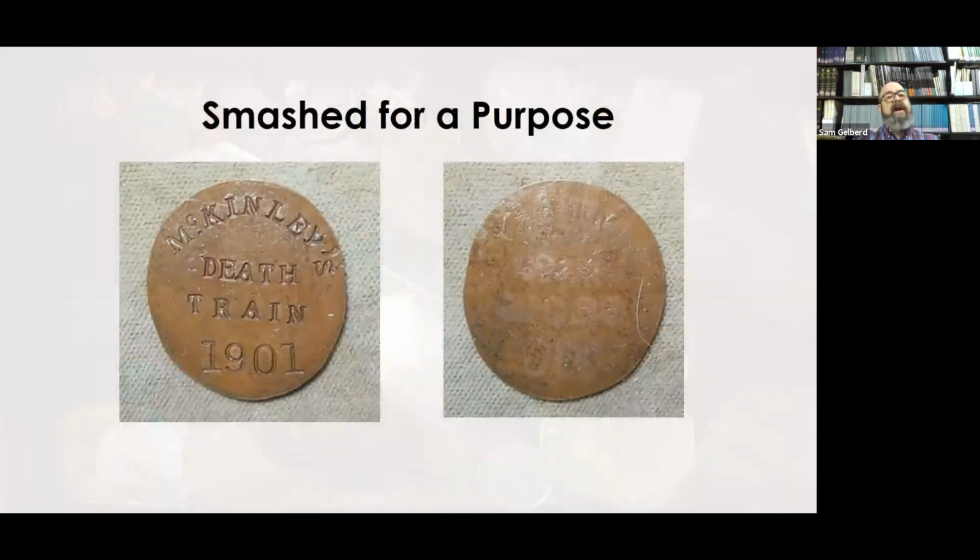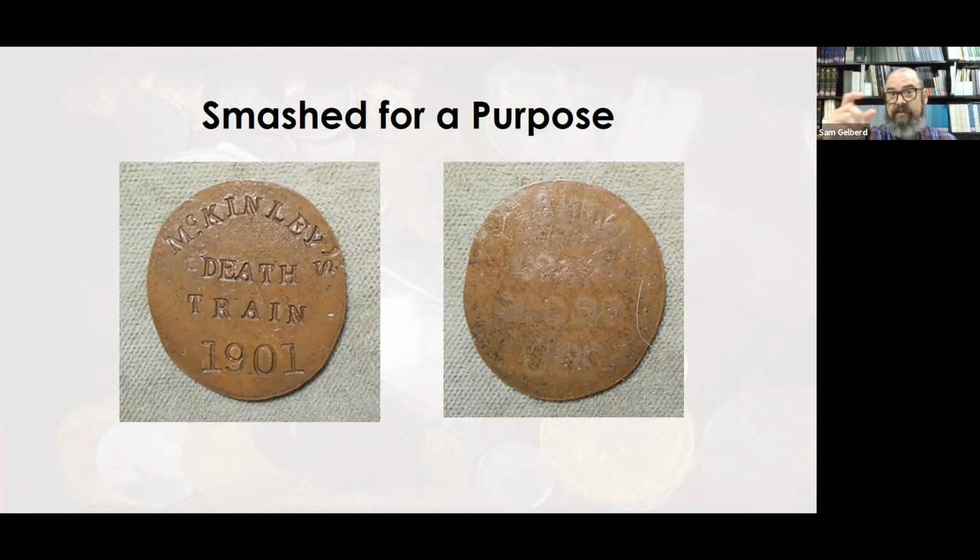Understand that a lot of times coins were smashed on railroad tracks for a real reason. For example, the train carrying Abraham Lincoln's body after he was assassinated carried it from Washington, D.C. to Springfield, Illinois. A lot of people, to commemorate this event, would put a coin on the track before the train passed by, as a memento.